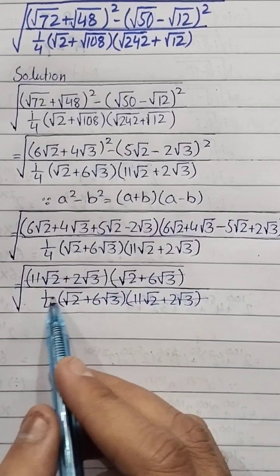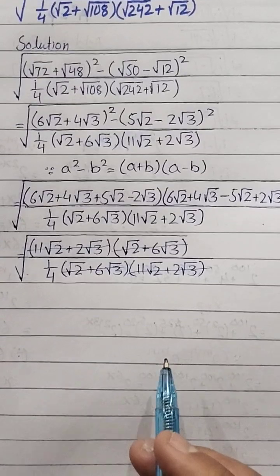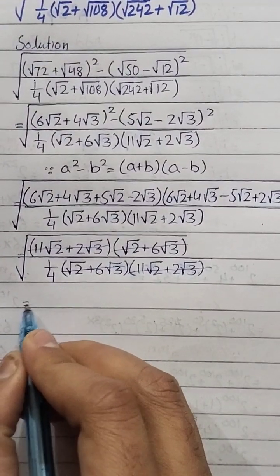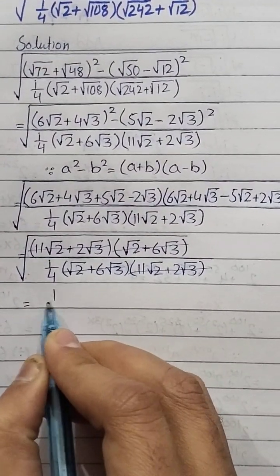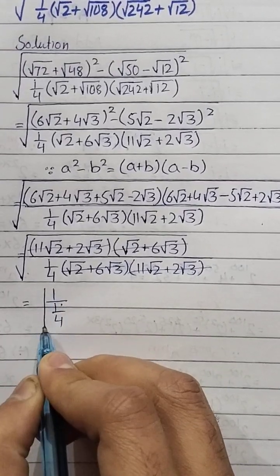So this is the remaining part of the question, and it can be written as 1 over 4, whole under root.